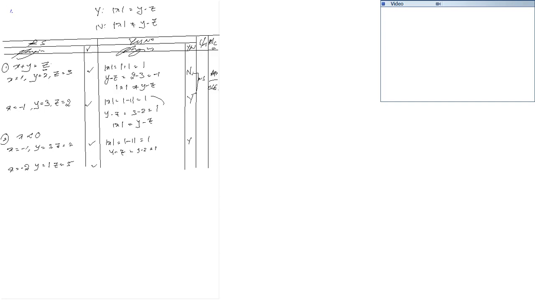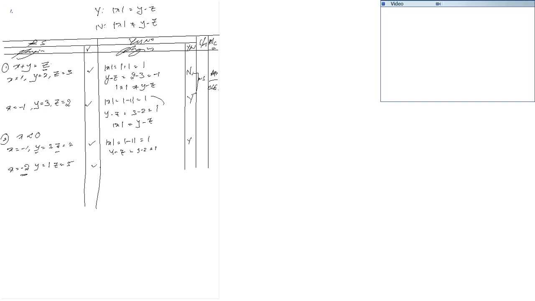I can take any values for Y and Z, since they are not controlled. In the first case I have taken Y is equal to 3, Z is equal to 2. It's okay, no? And in the second case I have taken Y is equal to 1, Z is equal to 5. It's also okay. As long as my X is negative, it's fine. Whatever values I can take for Y and Z here for the second fact statement.